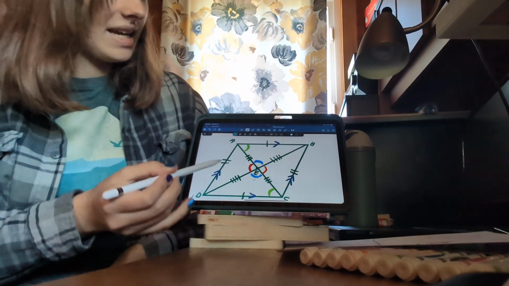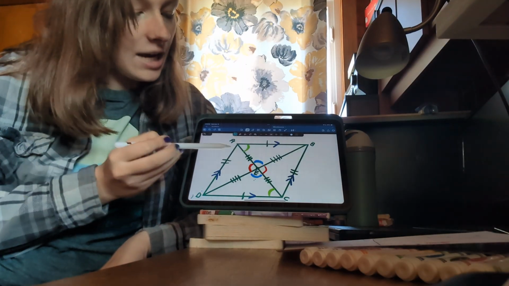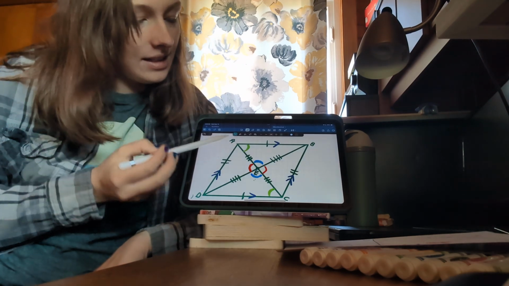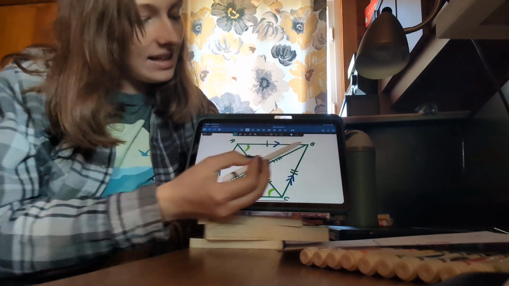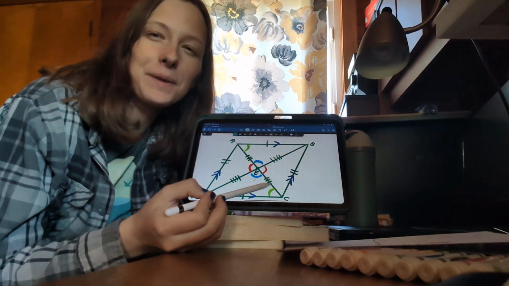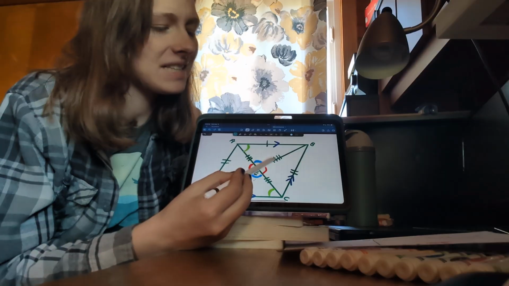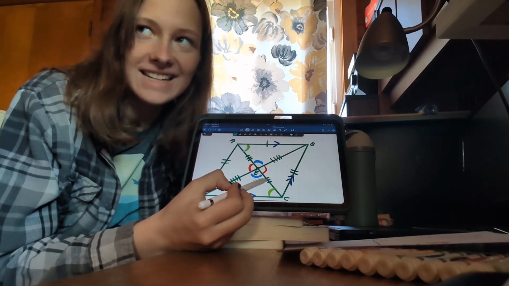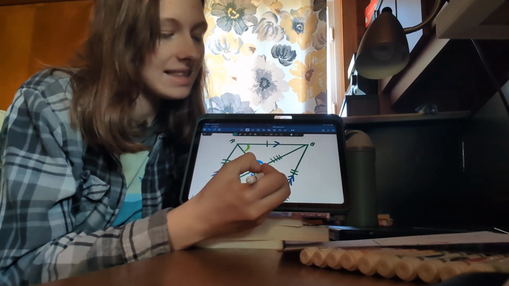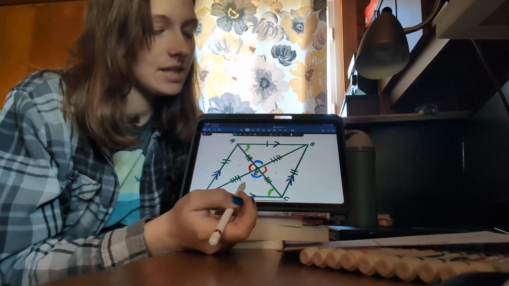All right. And now I think we can notice something interesting about the other two triangles, triangle AED and BEC. What can you tell me about those triangles? Yes, exactly. We have side, side, side now, which tells us that these two triangles are also congruent with each other.